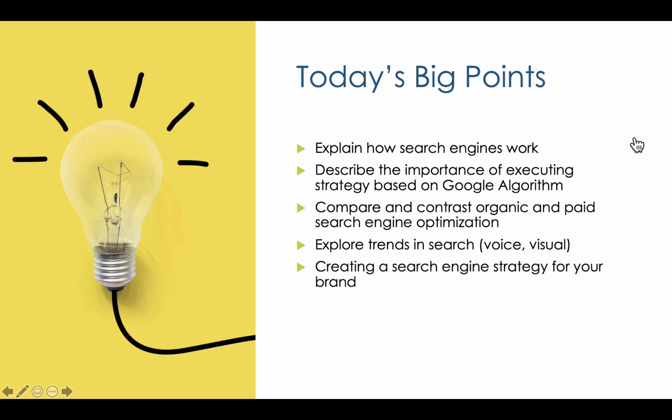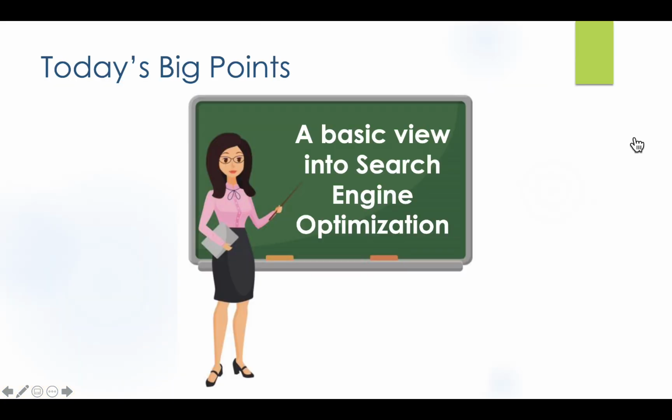And then I want to compare and contrast the difference between organic search and paid search. And then finally, explore some trends in search, voice, and visual. And I want you to create a search engine before.